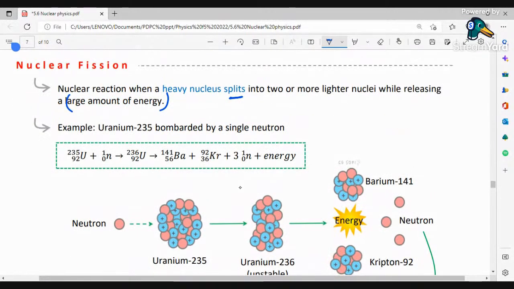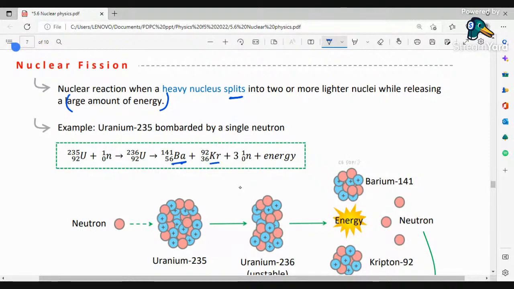Example, uranium-235 bombarded by single neutron. Okay, uranium-235 dia kena tembak dengan neutron. Okay, so dia akan jadi unstable. So when unstable, dia akan become more stable by process of nuclear fission. Uranium akan split kepada 2 lighter nuclei, barium and krypton.